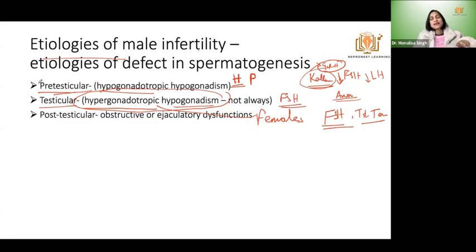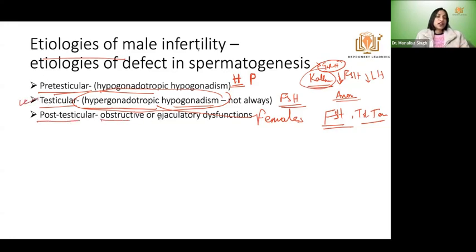If FSH is high and testicles are small, this is a very severe case of testicular azoospermia, a severe case of failure, where the chance of recovery of spermatozoa from the testicles is very low. So this is that phase where it's early. It's a recent onset spermatogenesis failure where the hormone levels are normal. So this is an important point.